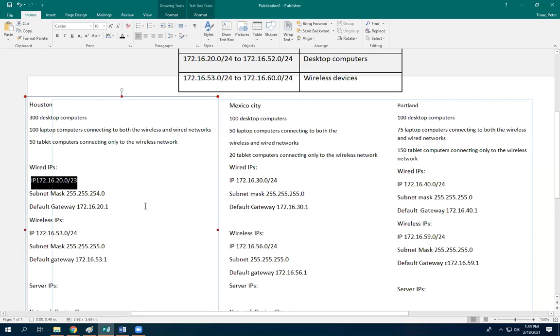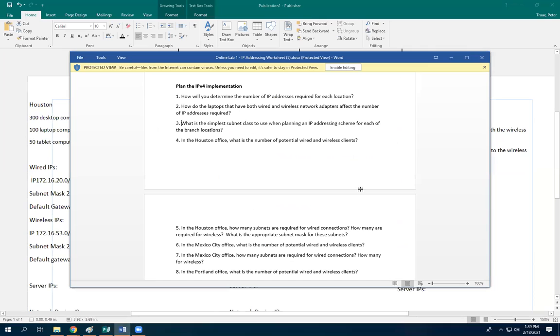But there is no reason why you can't just use /23. To me, this is simpler than having 2 separate ranges for your desktop and laptop computers. Does that make sense? So the official answer for this would be to separate them out into 2 separate subnets. So the subnet class would be a /24.